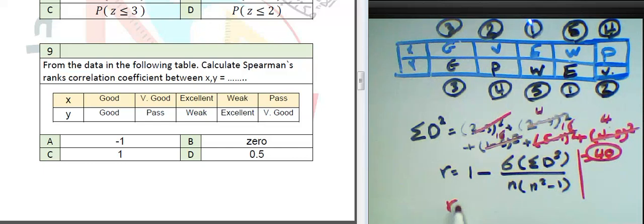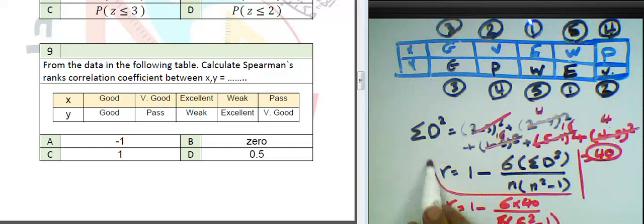And then you can find r here. 1 subtract 6 multiplied by 40 over n, the number 5, multiplied by 5 squared minus 1. We use this rule to find R. R here is Spearman's rank correlation.